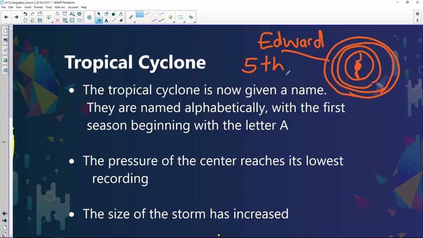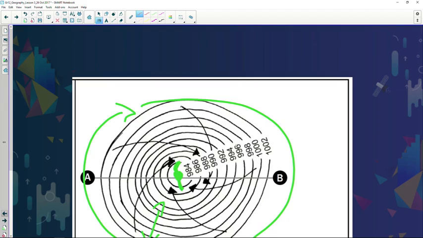Very importantly, we refer to them and name them alphabetically. Now, very importantly, how to identify the mature stage of a tropical cyclone. The pressure will be well below 1,000 hectopascal, as you can see. So this over here is definitely the mature stage.